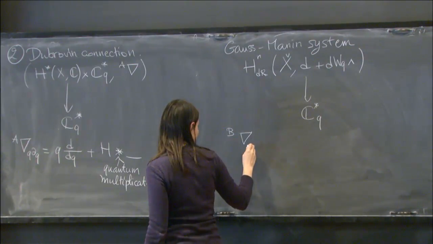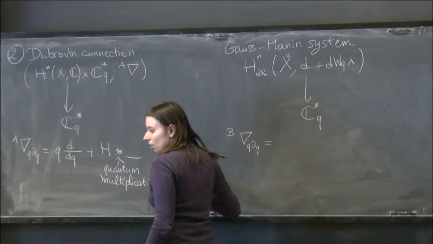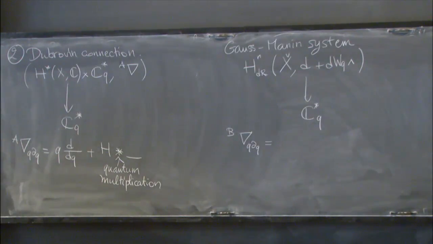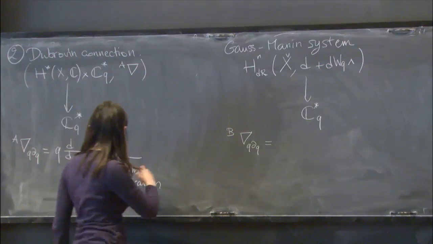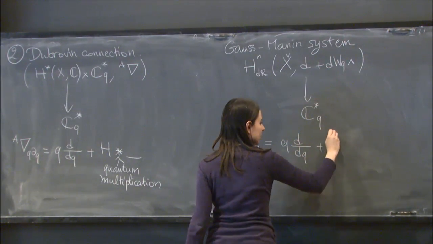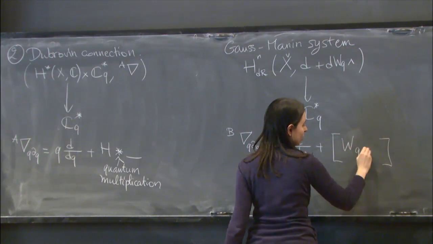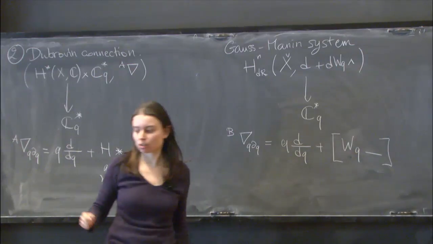The B model connection, the Gauss-Manin connection, is the same term, q d/dq, plus the class obtained by multiplying our form by the superpotential.